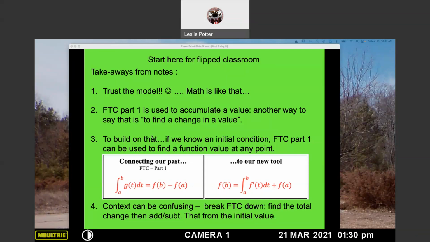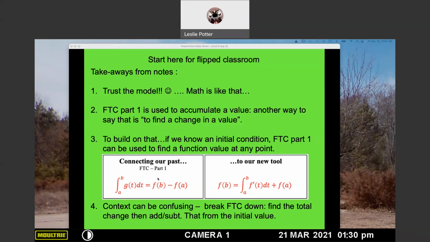Fundamental theorem of calculus part 1 is used to accumulate a value. That's what this whole symbolism is. Way back at the beginning of the semester, we were calling this the accumulation function. So we're accumulating value. Another way to say that is to find a change in the value if we know the antiderivative, and that's our fundamental theorem.